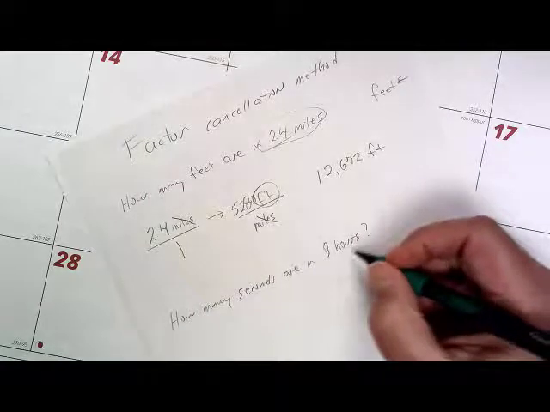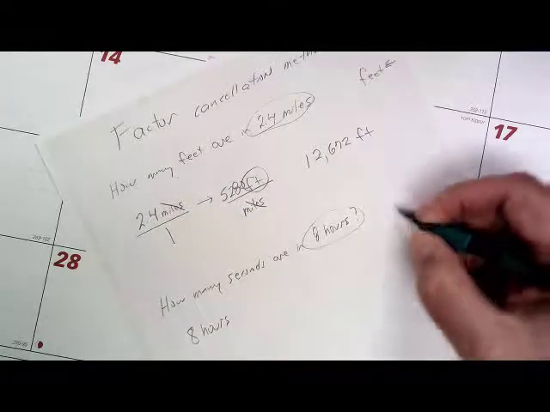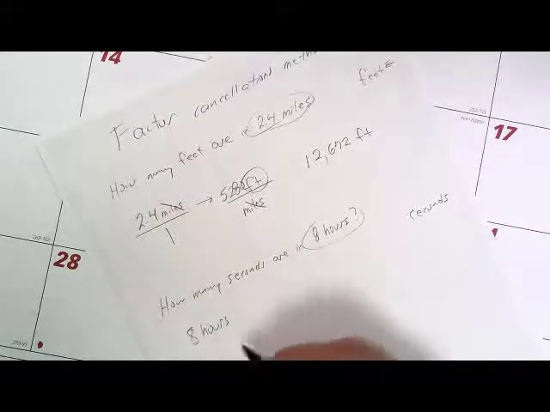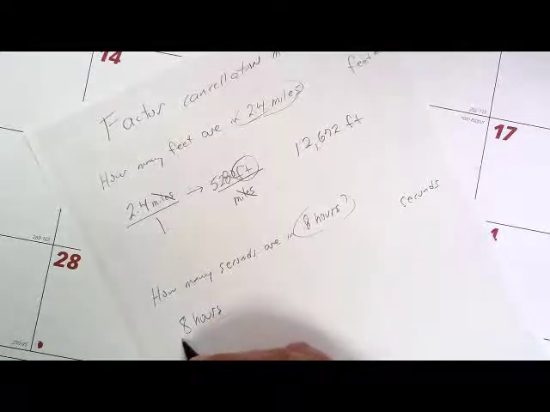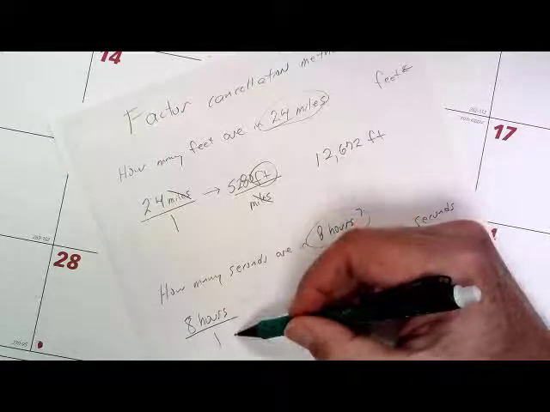So my given information here is 8 hours, and I'm trying to get seconds. That's my unknown. So again, the factor cancellation method says I'm going to start by putting my given here over 1, so my numerator over my denominator of 1.